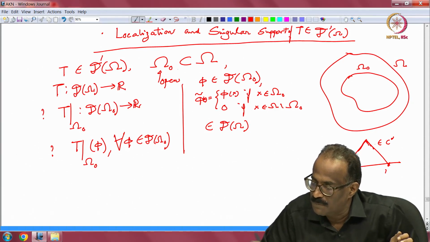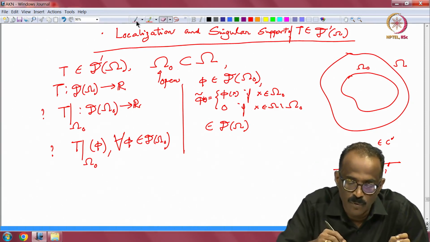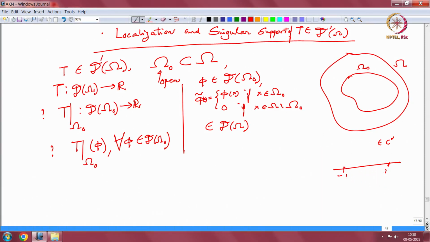So if you take a smooth function like this, you get C infinity of minus 1 to 1, but if you extend this by 0 here, it can come very sharply here. So this phi tilde, such an extension, need not be in C infinity of R.